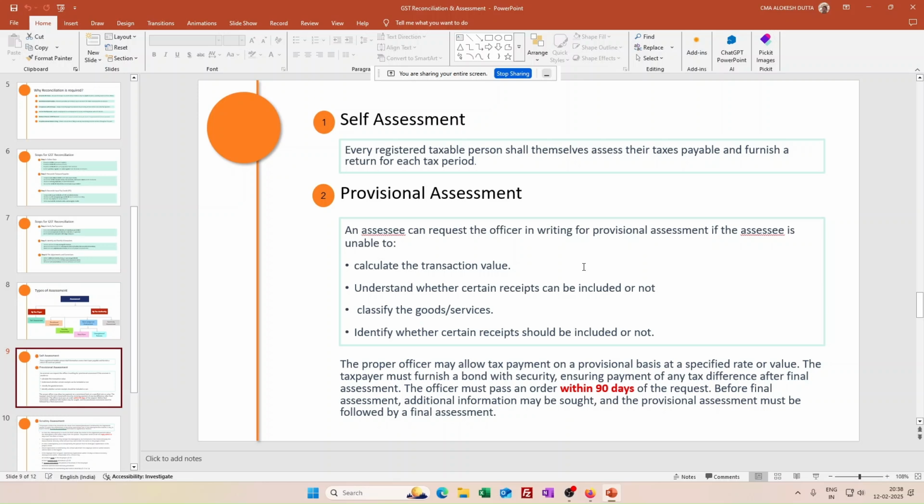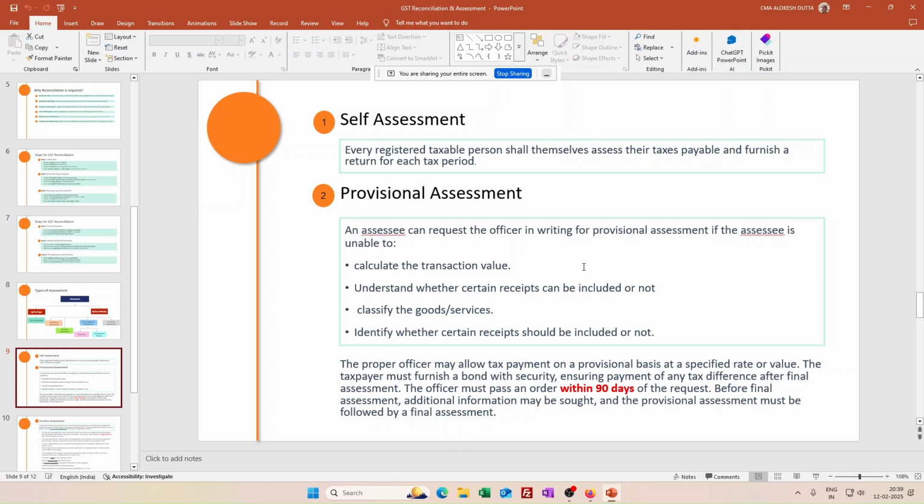It happens in some process industries or fabrication industries, where it is complicated to determine who has added value on what amount, and whether ITC should be claimed by X or Y. Because in the fabrication industry, one particular job is fabricated in different locations, and it is a very complicated procedure in the process industry also.